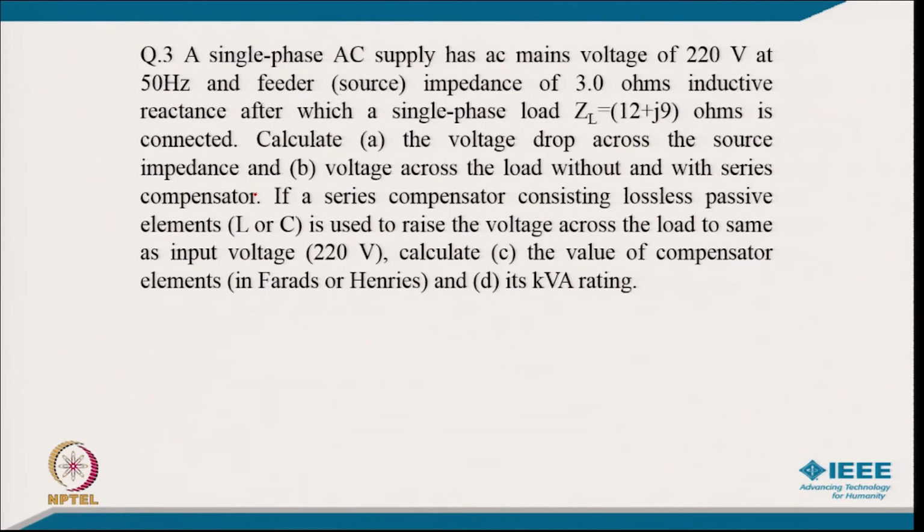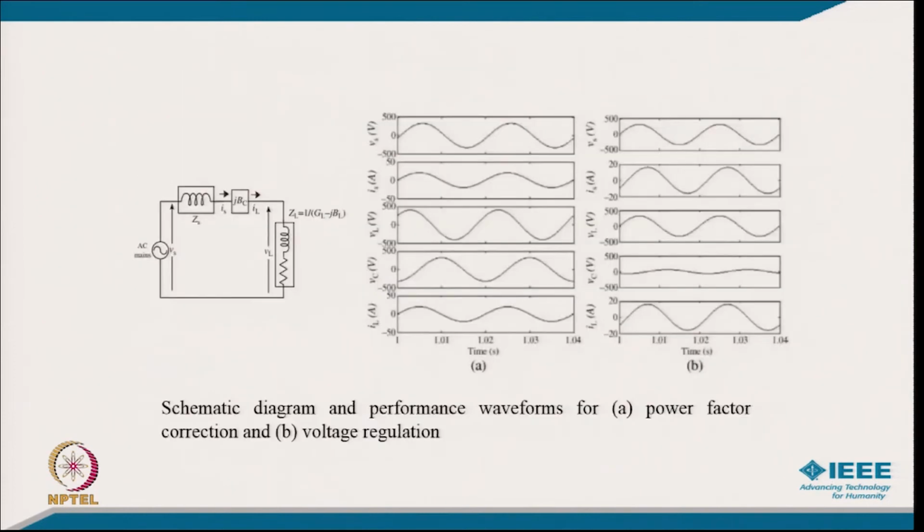With a series compensator, and if this series compensator is a lossless element used to raise the voltage across the load to the same voltage, calculate the voltage and kVAr rating. In this case, we will be connecting the compensator in series with the source impedance, after which the load is connected, and you can see the typical waveform for both cases, for power factor correction and for voltage regulation.